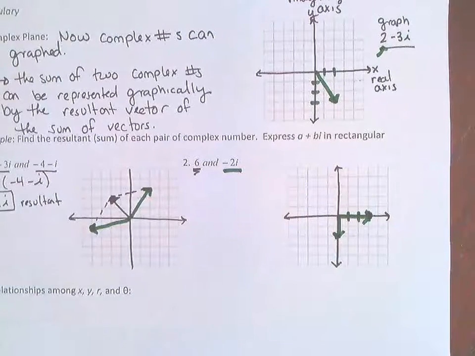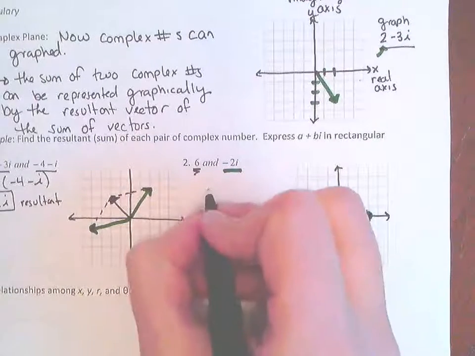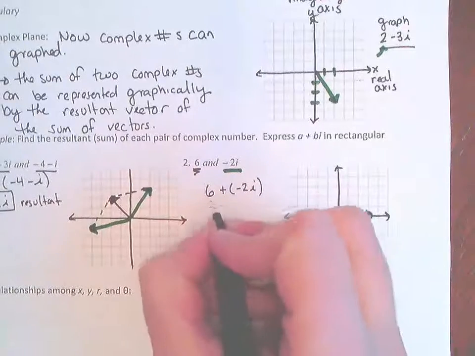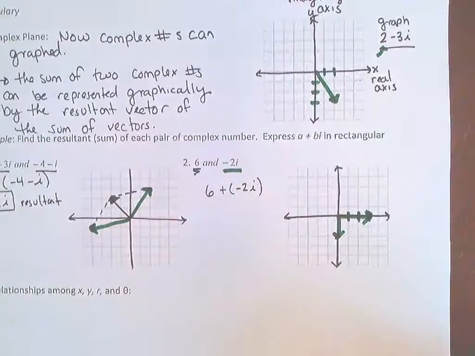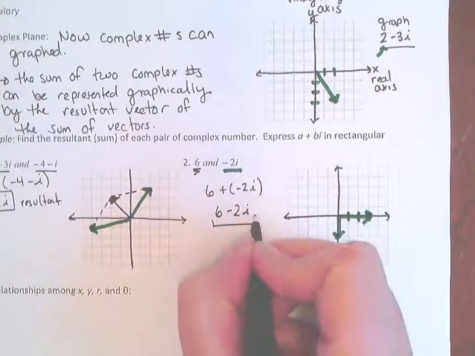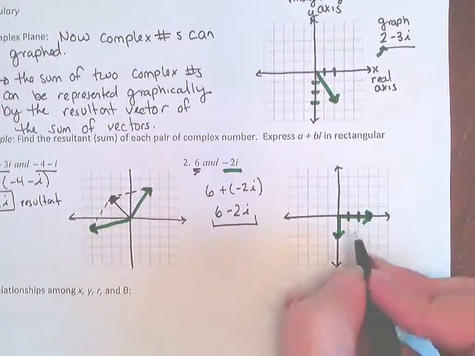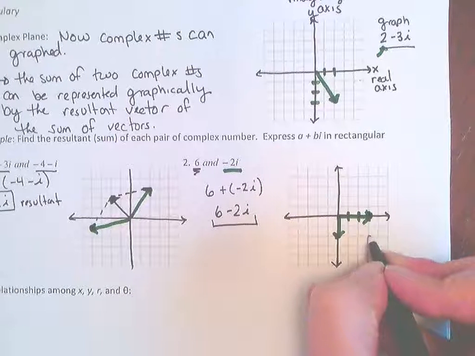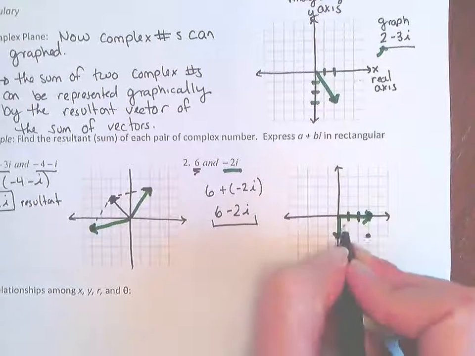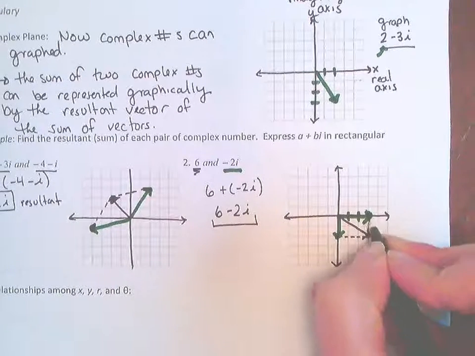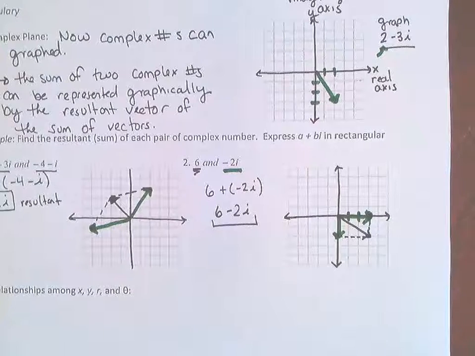There we go. When you add these two, 6 plus negative 2i, you can't combine them because they're not like terms, so this is just 6 minus 2i. This is their sum, which is the resultant vector, and when you graph that, it's 6 negative 2i right there. And there's my resultant vector, and you can see that it forms a perfect rectangular form.